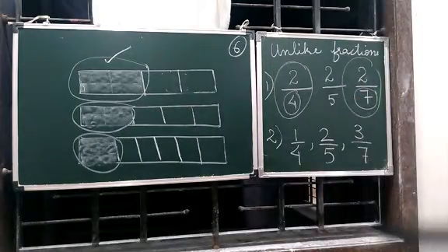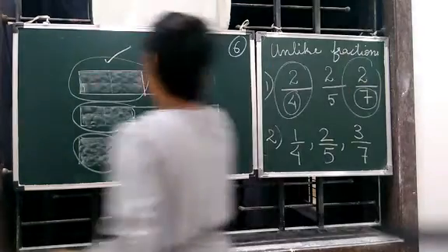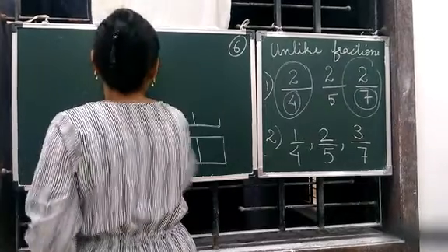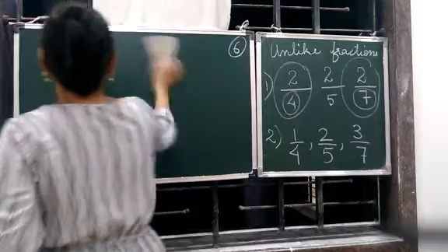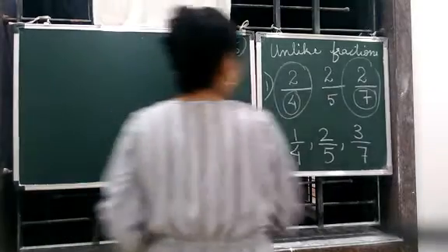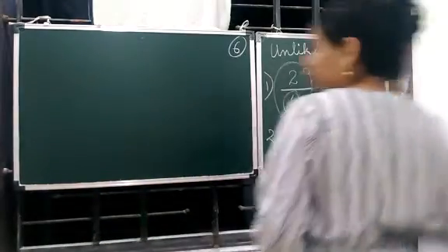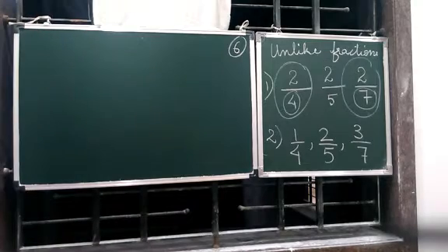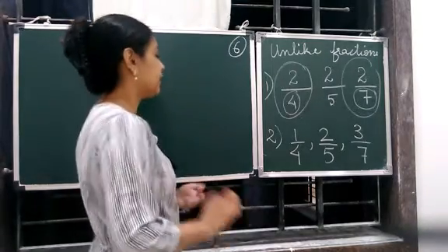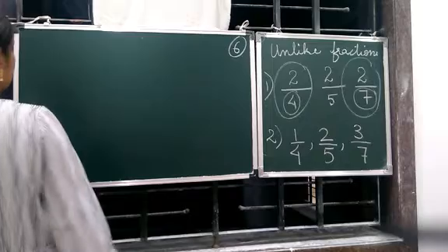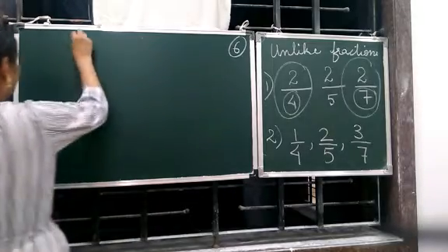Now when neither the numerators are the same nor the denominators are the same, then what kind of examples, or you can say questions, can you get? Let's take this example again.